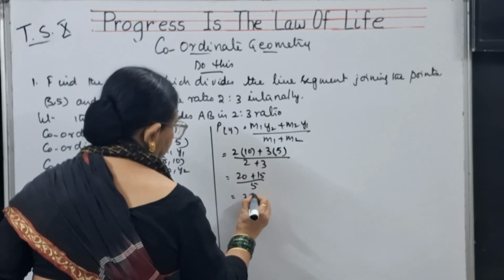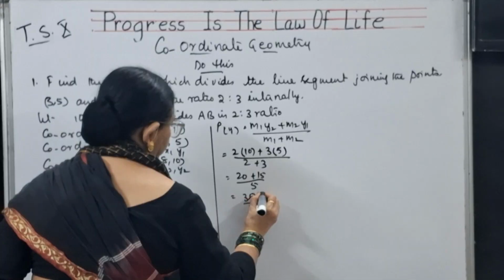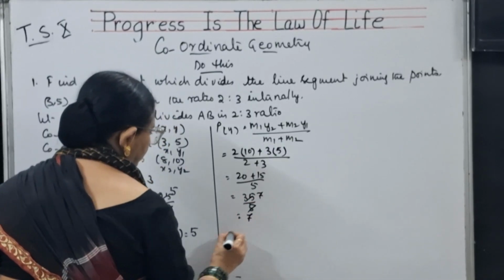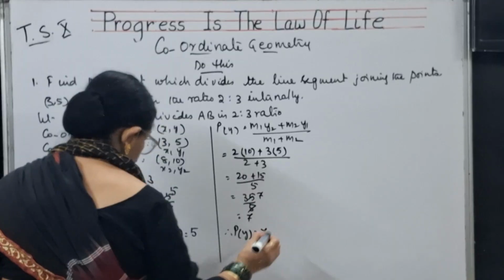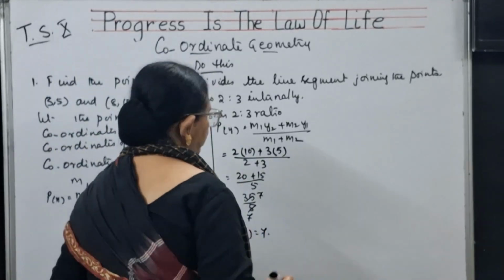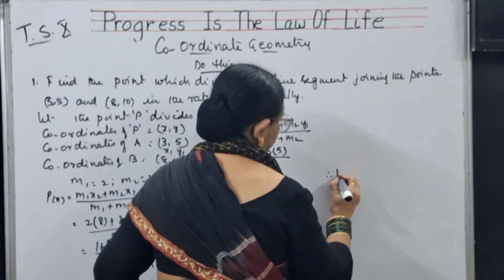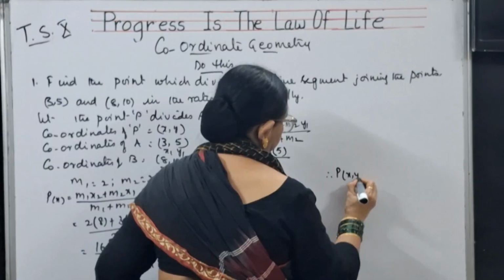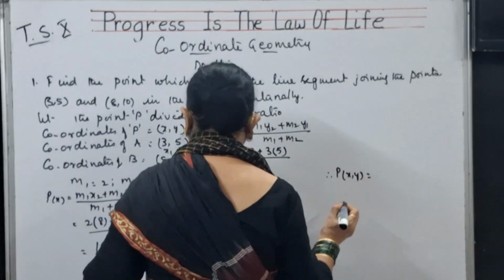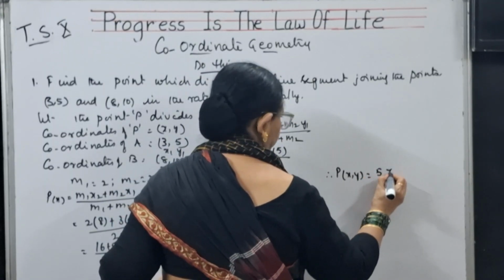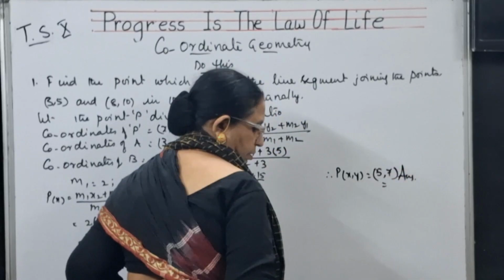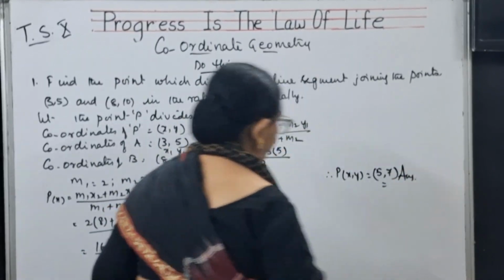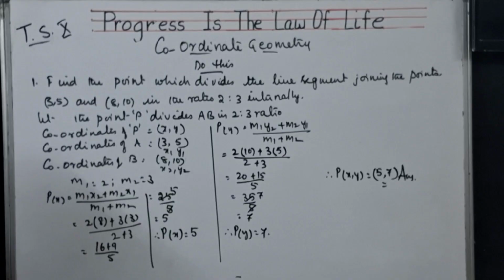That is 35 by 5, 7 fives are 35. So P of y is equal to 7. Therefore, coordinates of P of x comma y is equal to 5 comma 7. This is the answer for this. Do this sum, children. Just a substitution, children.